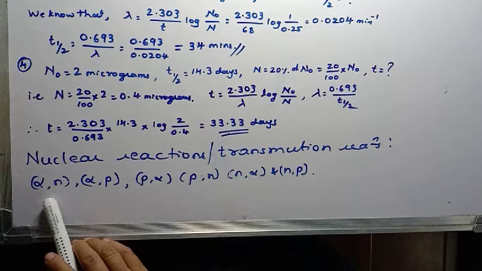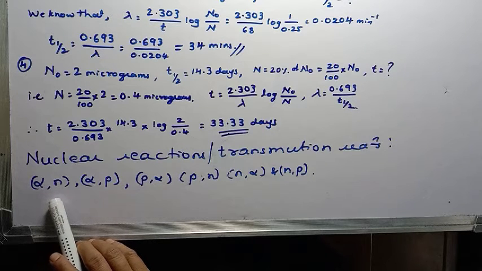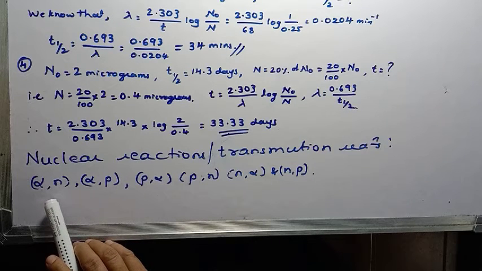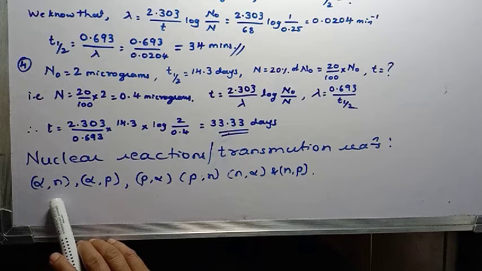But alpha is a helium atom, which carries a positive charge, and any nucleus is a positively charged part. So there is a repulsion, or the nucleus will repel the alpha particle. So the alpha particle being a bit heavy, in order to react with the nucleus of a heavy element, the alpha must be imparted with extra energy.